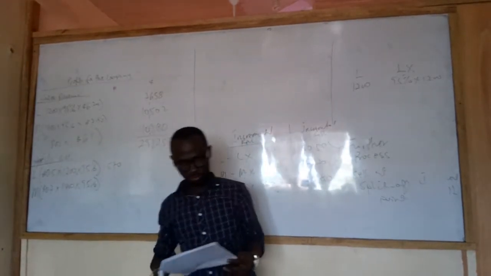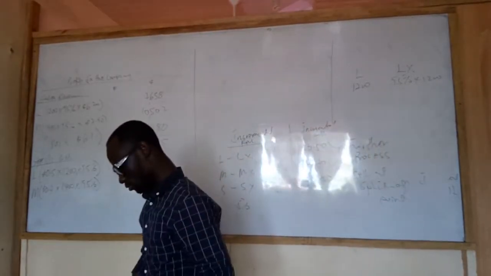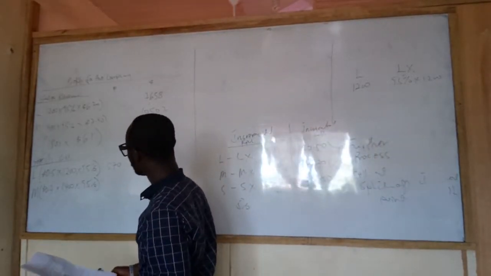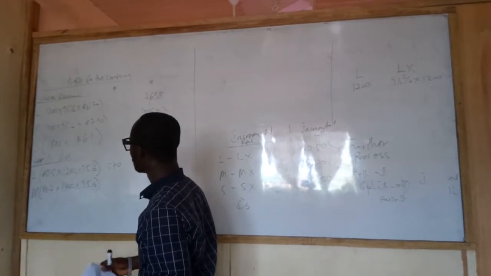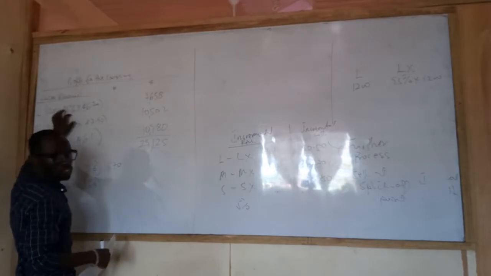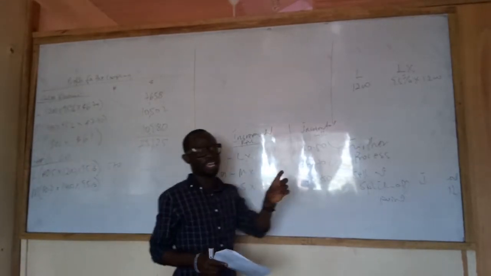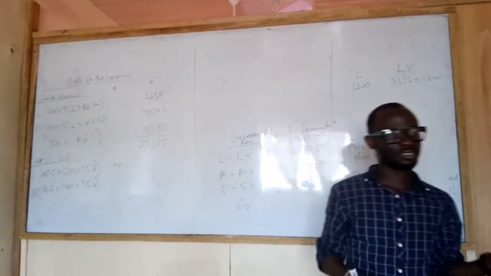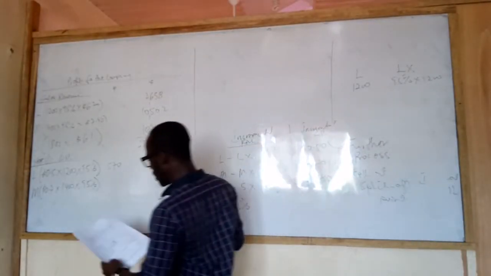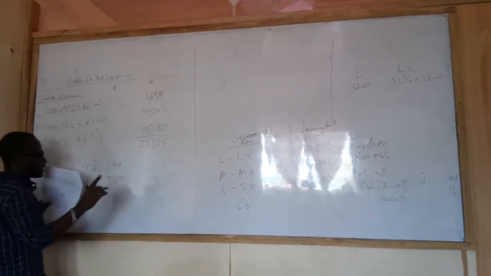If they had said the variable cost of, let's say, 0.5 of L, we wouldn't have brought it. Then they wouldn't have brought any normal loss. So the question goes together. What do I have here? 930.